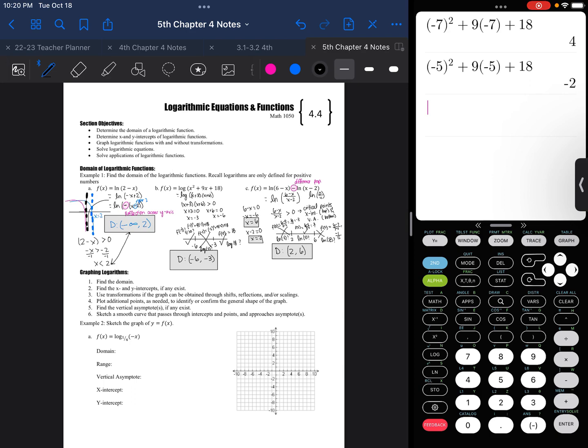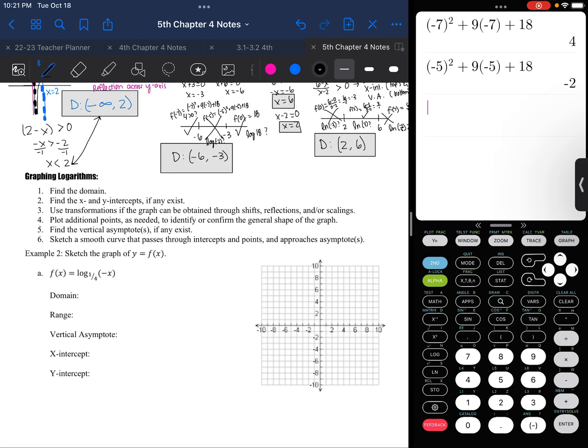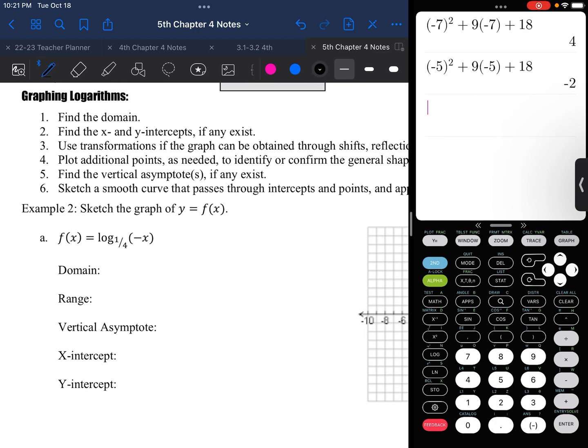So all of that being said, now we still need to be able to do these graphs. The reason that this is helpful is that we need to know our domain in order to graph. So the very first step in graphing logarithms is to find the domain. Remember, we can't take a log of a negative number.